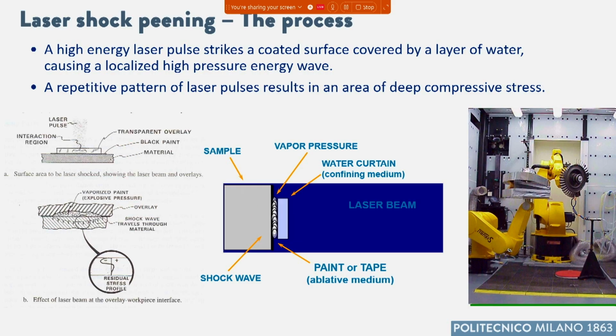Here we see a bit better the material, and the laser pulse coming from the vertical direction. There is a transparent overlay, which could be water, and the black paint, and finally, by means of this pulsed impact, we have a shock wave that induces residual stresses.